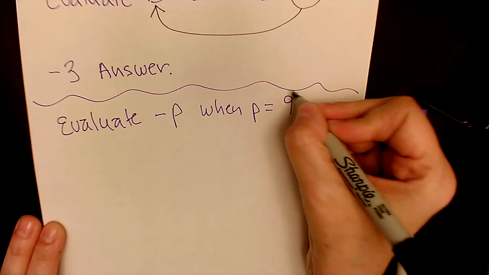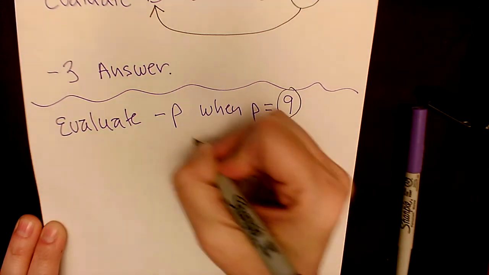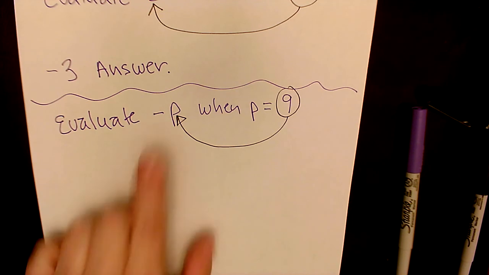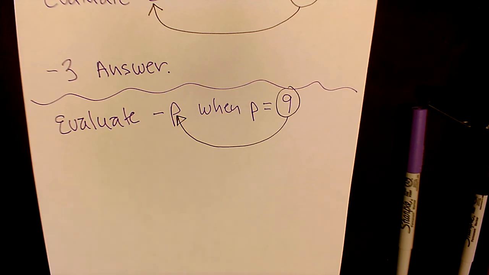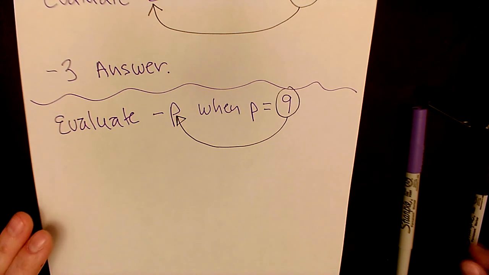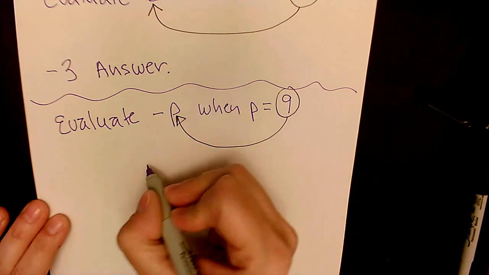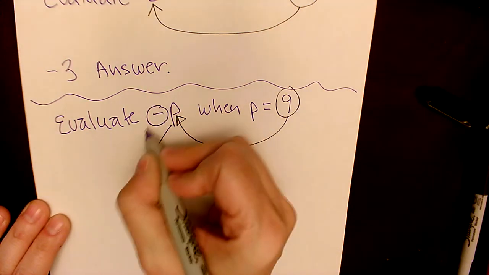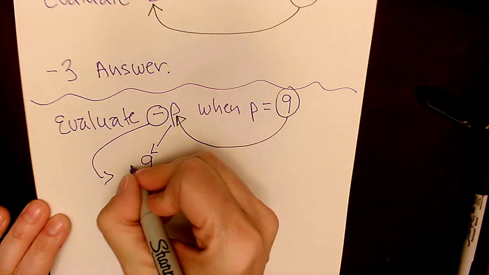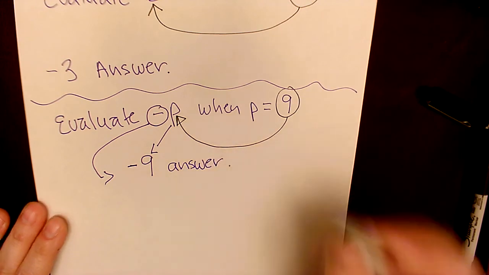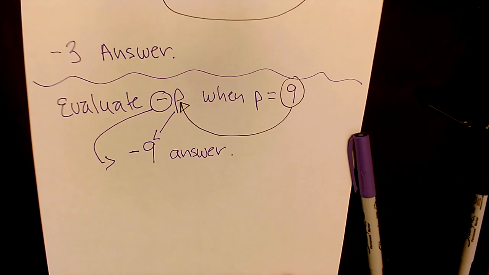I know that P is 9, so I'm taking the 9 and I'm plugging it in for P, and it's got a negative on the outside, so that's just going to come along with it. So here's the P, and I'm bringing the negative along with it. So -9 is my answer.